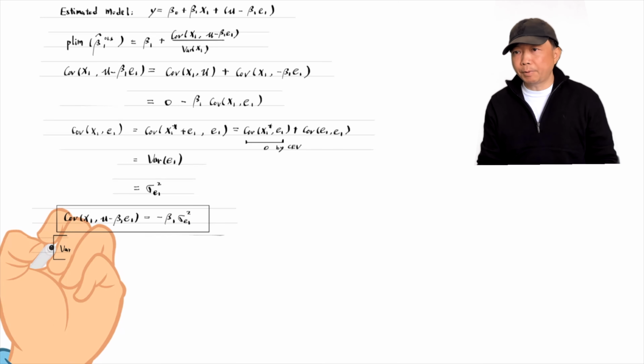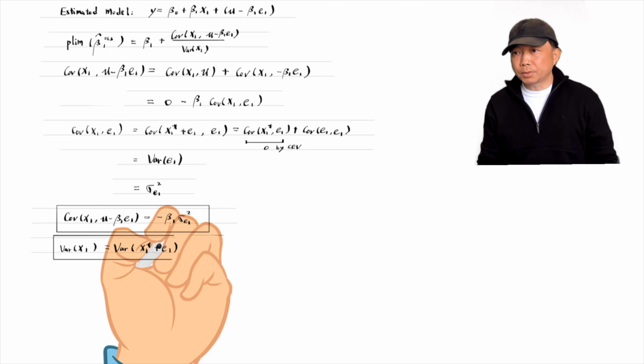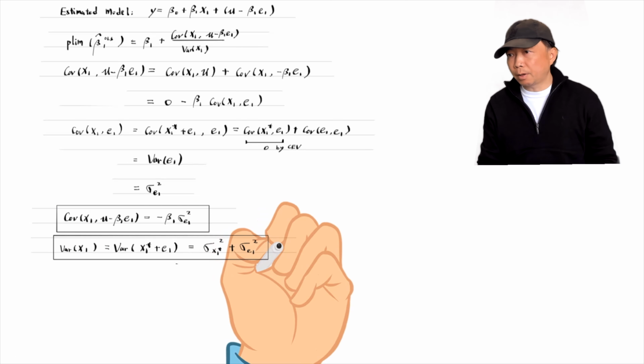The variance of x1 equals the sum of the variances of x1 star and the measurement error. The CEV assumption also makes the covariance between x1 star and E1 equal to 0.